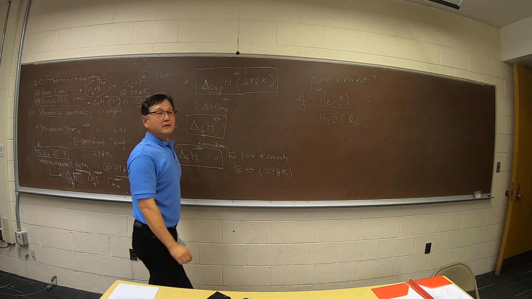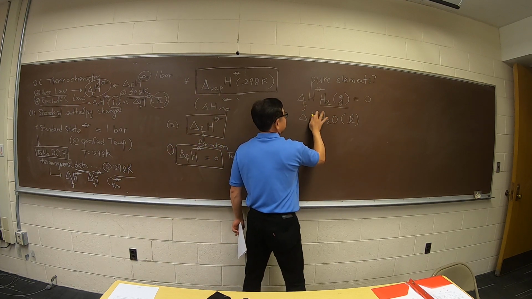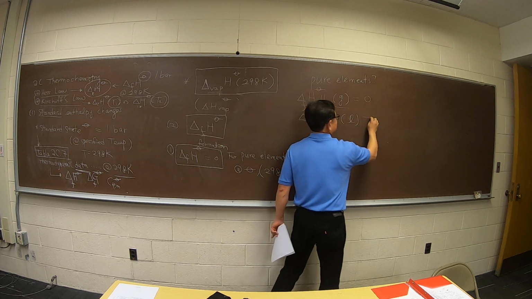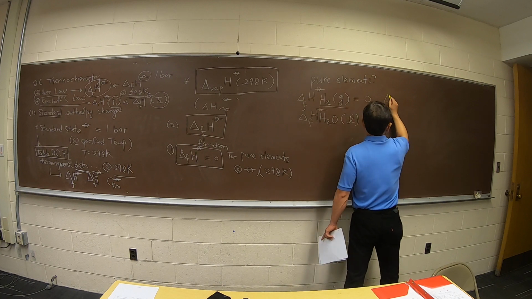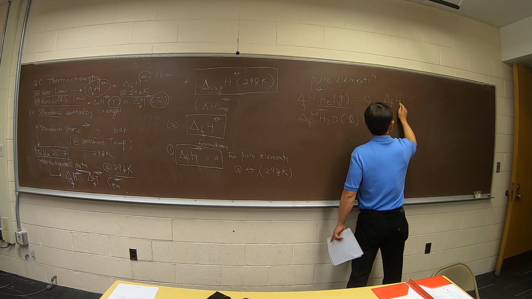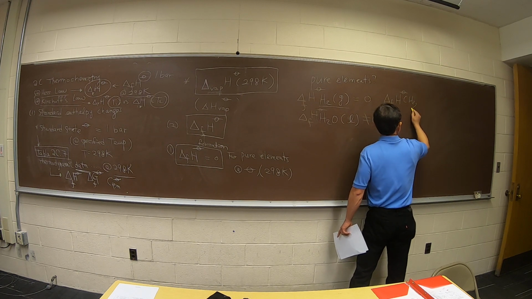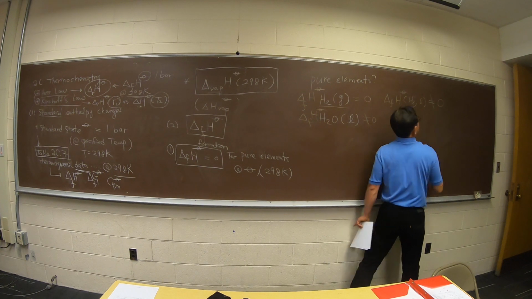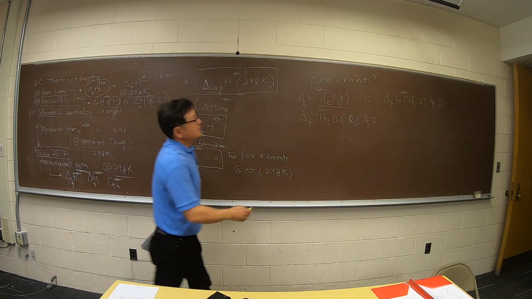Whereas this one is not. It's not 0. And another example: enthalpy, but now for hydrogen I'm going to put liquid. This one is non-zero. Right? So those are the two things that you have to consider.